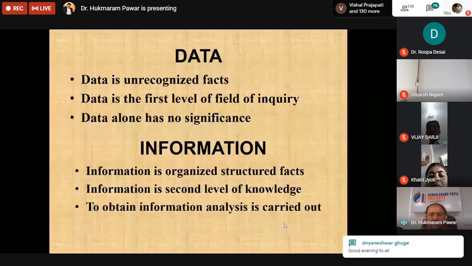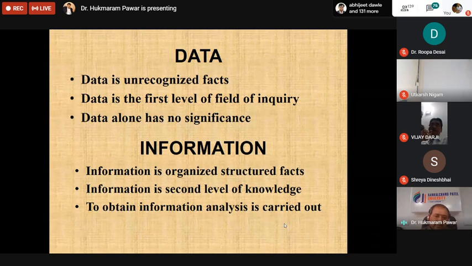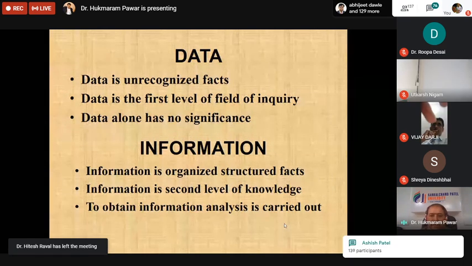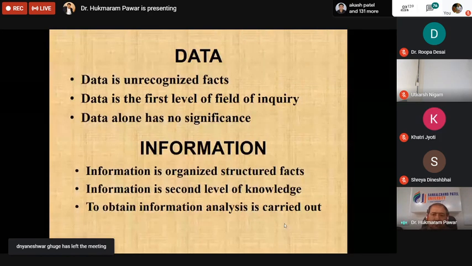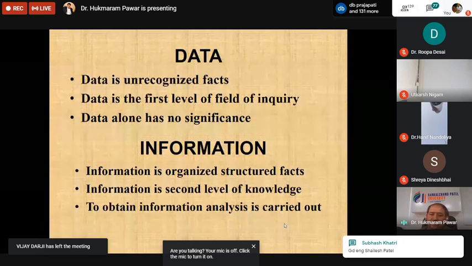Just observation, that is known as data. This is unorganized fact. It is the first level of the field of inquiry. It is the primary stage of research work: collection of data, and data alone has no significance.